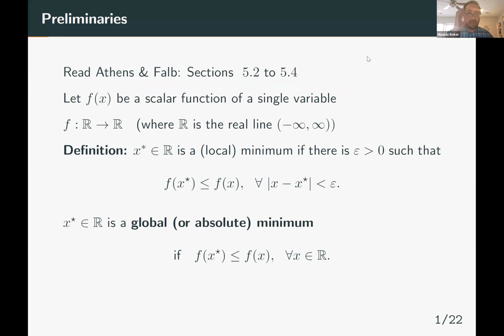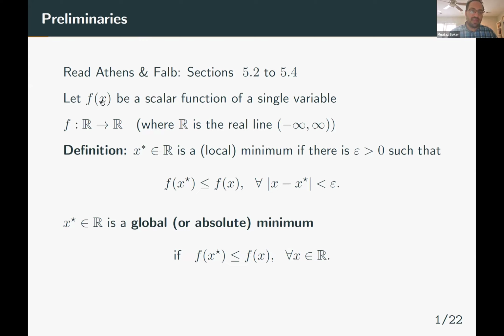So these are preliminaries. Let's first agree on the definition of minimum and maximum points. This stuff is in the textbook by Athans and Falb, sections 5.2 to 5.4. Please read it. All right, so let f of x be a scalar function of a single variable, right? By scalar function, I mean its dimension is 1.